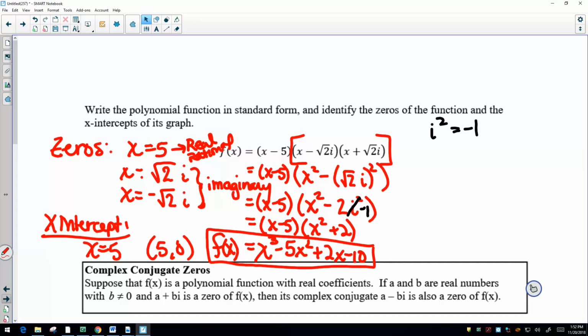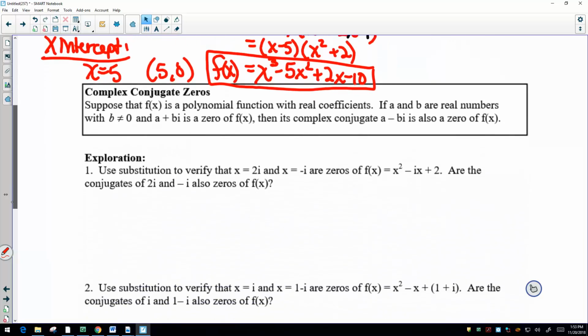We have 2 that are imaginary, or we could say non-real zeros, at the square root of 2i and negative square root of 2i. These two are going to be considered conjugates of each other. One is a positive, one is a negative. And these are complex conjugate zeros, something to keep in mind.